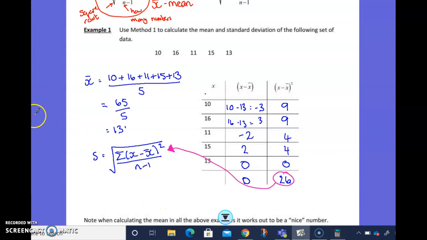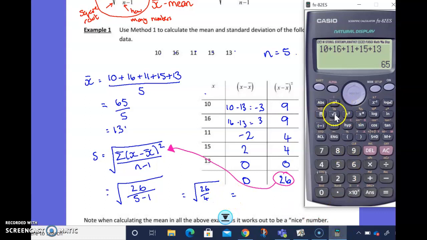So that becomes the square root of 26 over n is how many numbers we've got? So 1, 2, 3, 4, 5, so n equals 5. So we're doing 5 minus 1, which is the square root of 26 over 4.